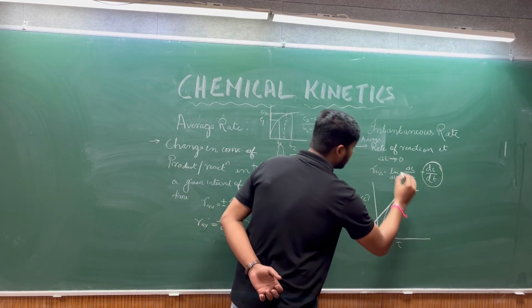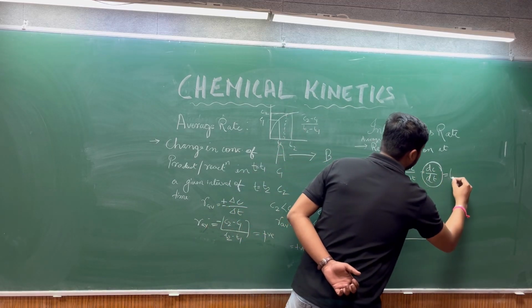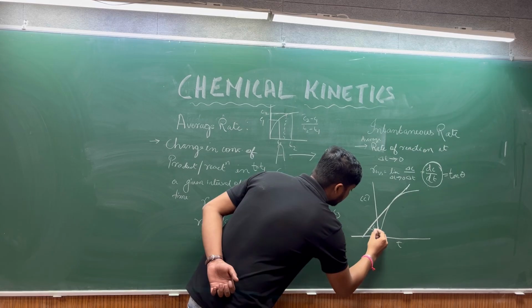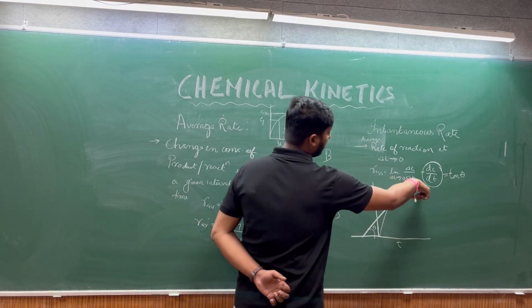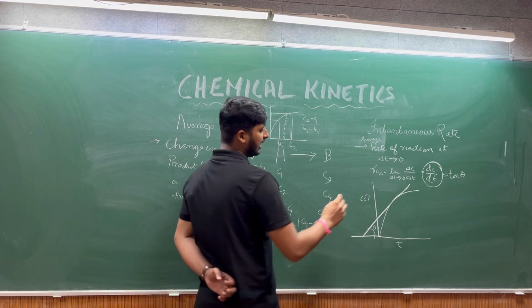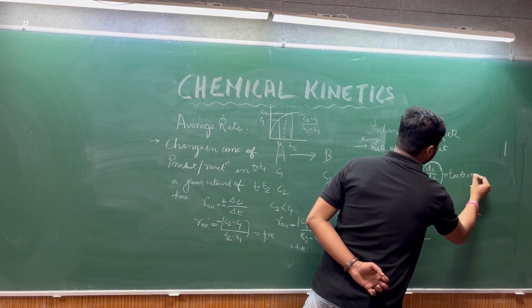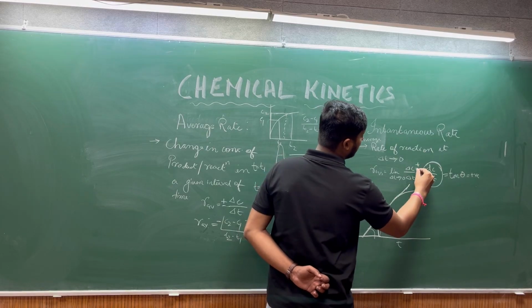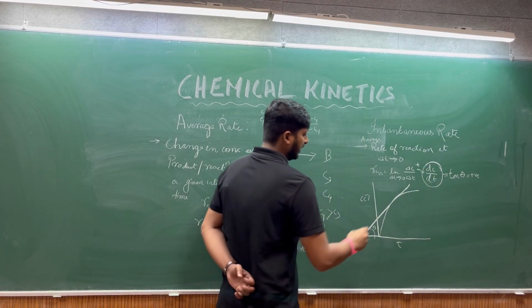So this can also be written as tan theta. So this is theta. Now this is the plot for a product, and theta is acute. That means tan theta will be positive. And similarly, one more thing, here also we will follow it by a plus minus sign.